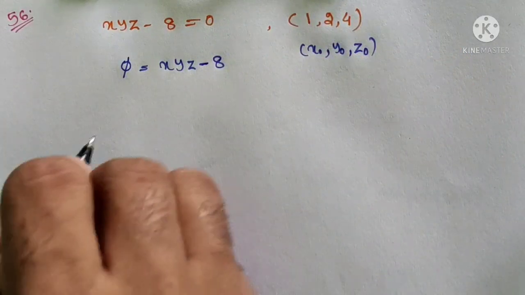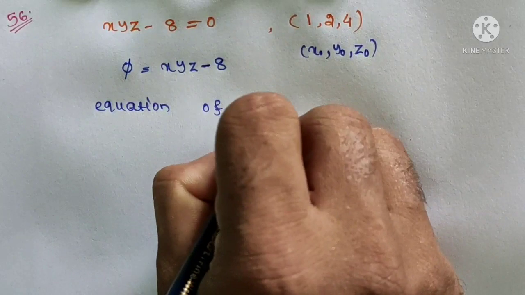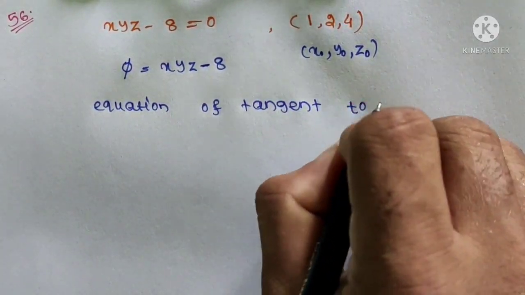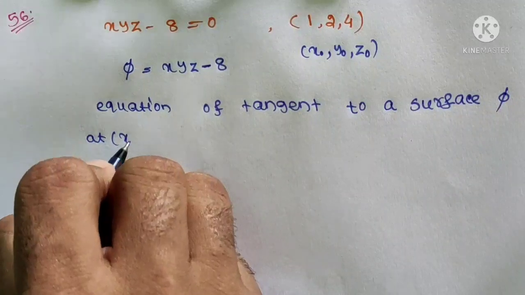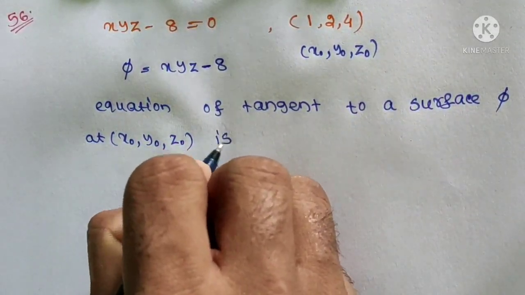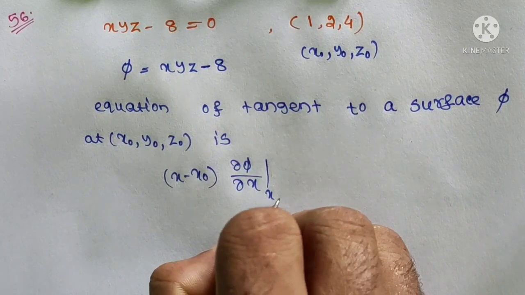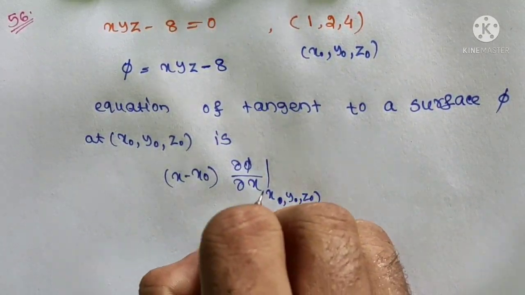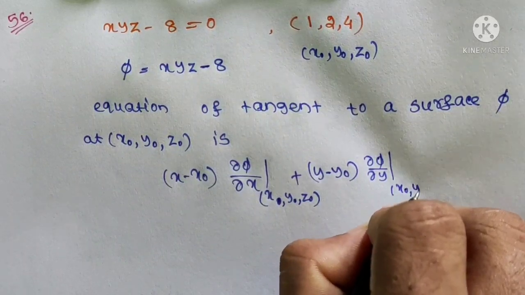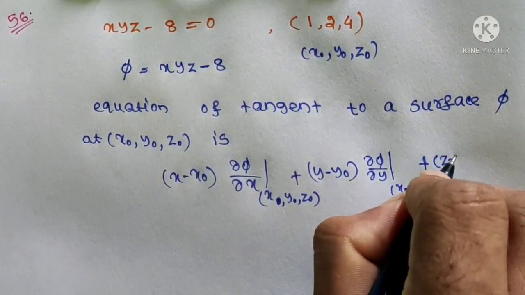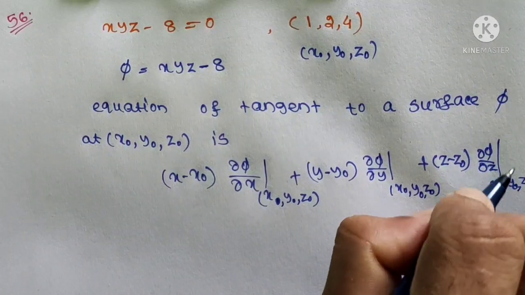And we know the equation of tangent to a surface phi at point x naught, y naught, z naught is given by x minus x naught del phi by del x at x naught, y naught, z naught plus y minus y naught del phi by del y at x naught, y naught, z naught plus z minus z naught del phi by del z at x naught, y naught, z naught equals 0.